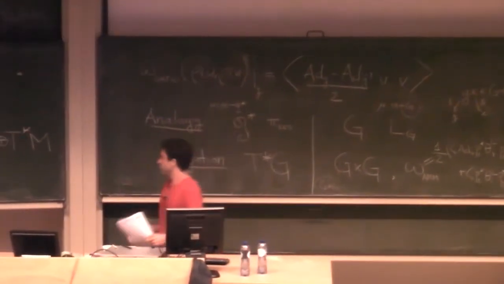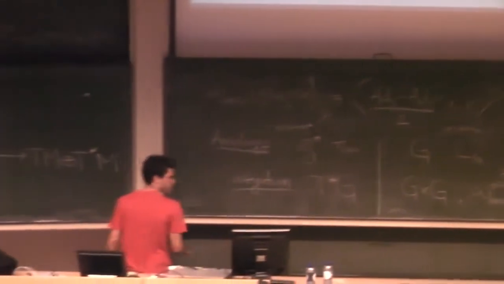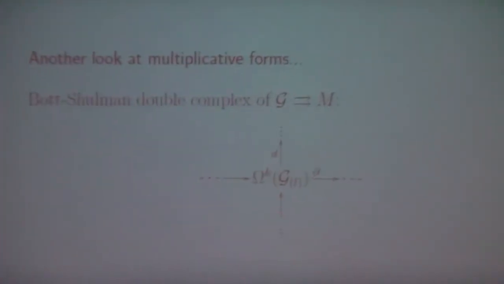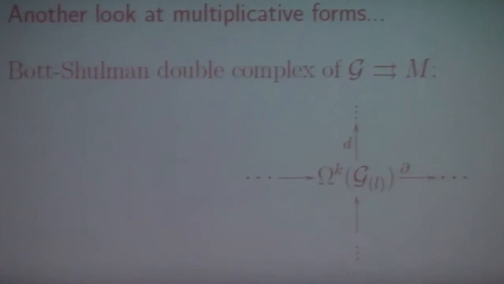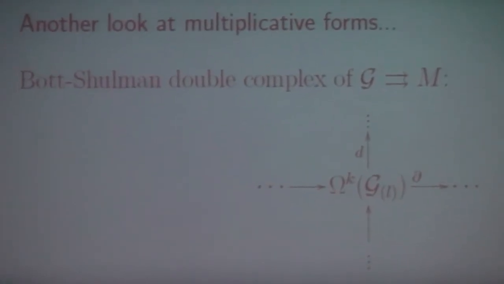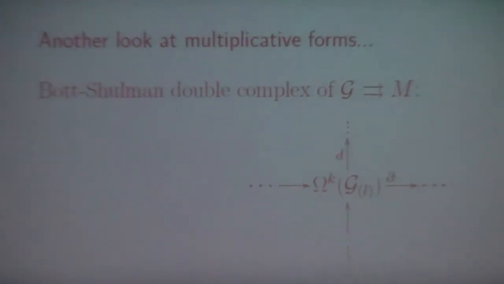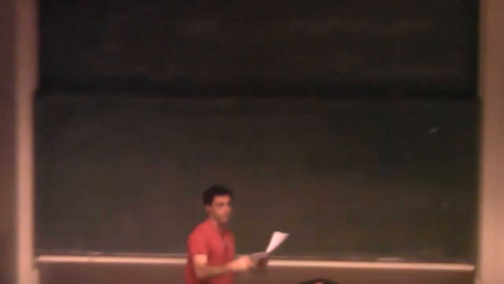For any groupoid, there is a double complex called the Bott-Shulman complex of the groupoid that you can write down. The cohomology of this double complex is the cohomology of the classifying space, in the same way that you have such a thing for groups.